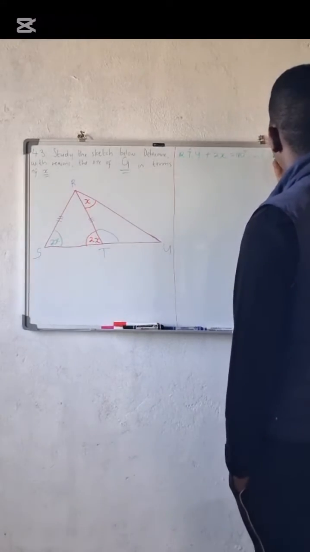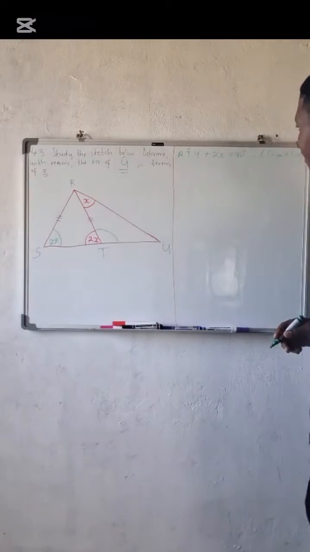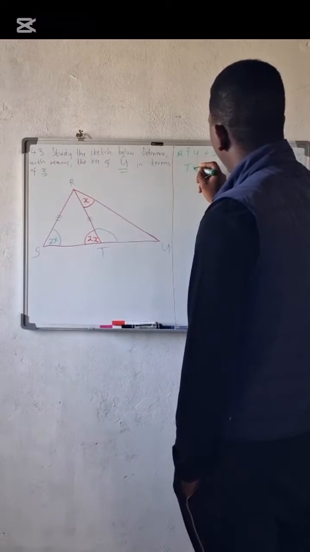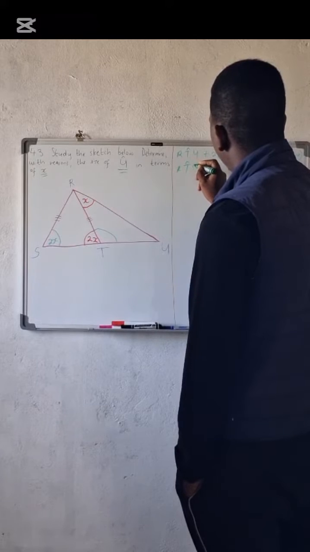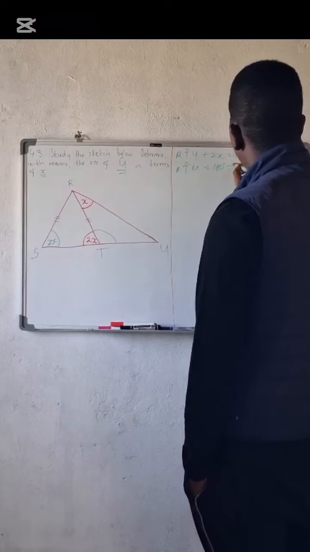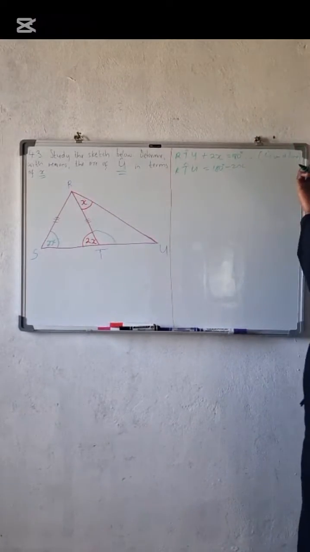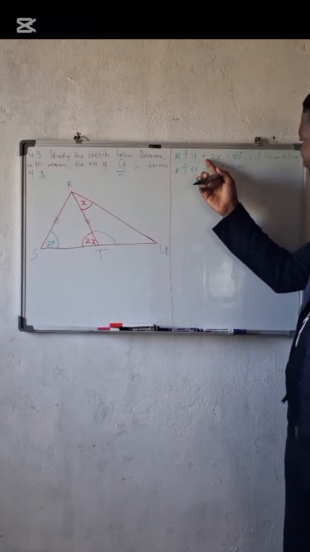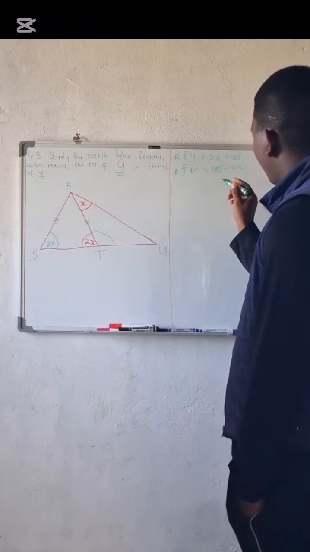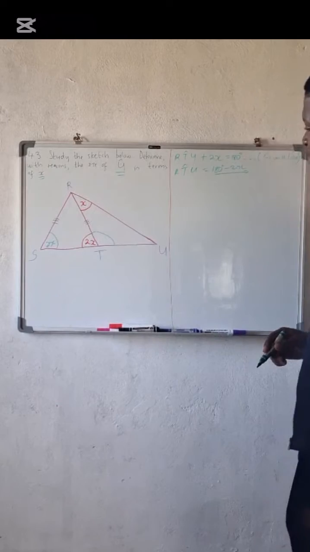Then I'm looking for RTU. RTU is equal to 180 degrees minus 2x. I'm looking for RTU, so I need to shift everything to the right. So 2x is positive, it's going to be negative. So RTU is equal to 180 minus 2x, in terms of x.